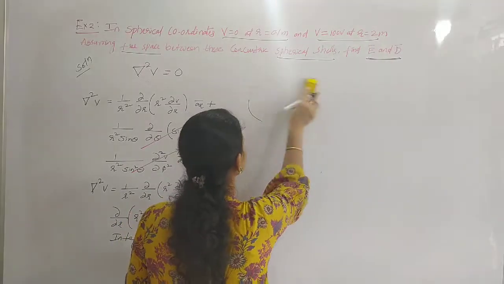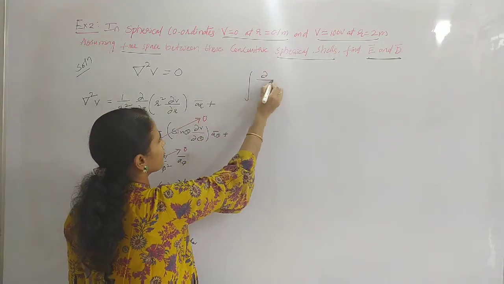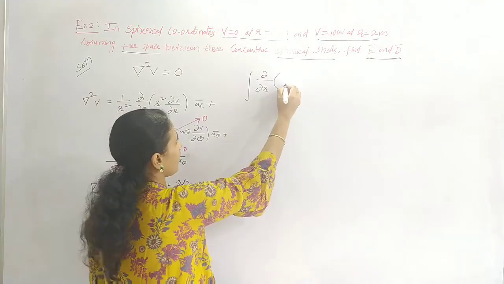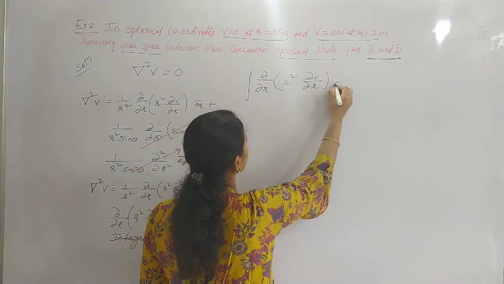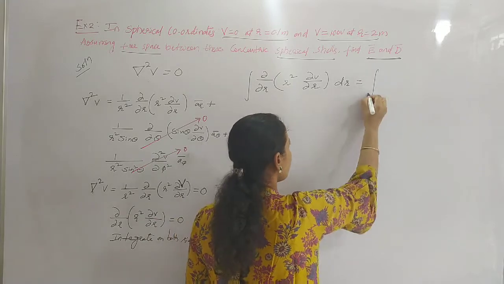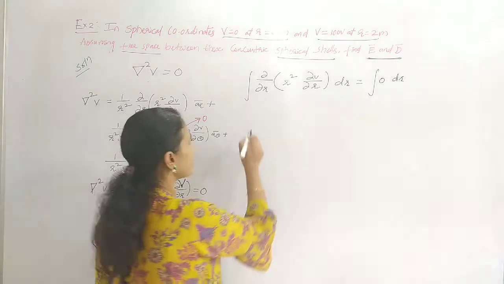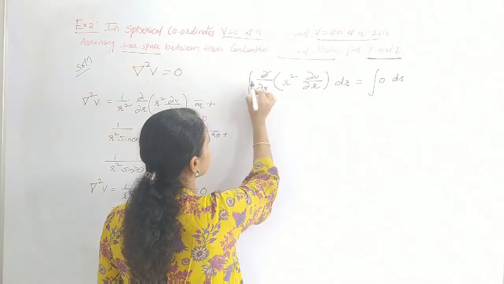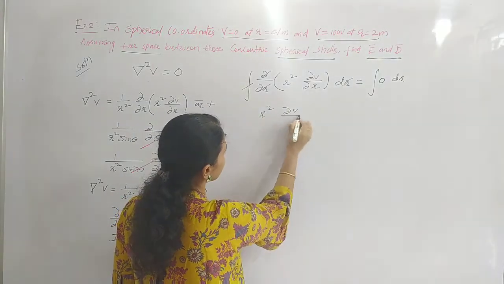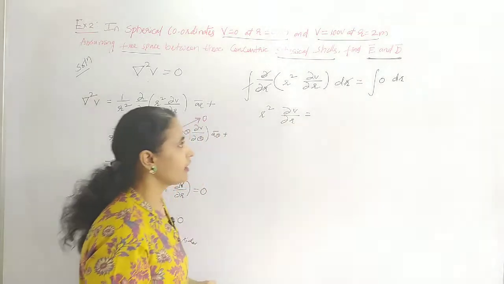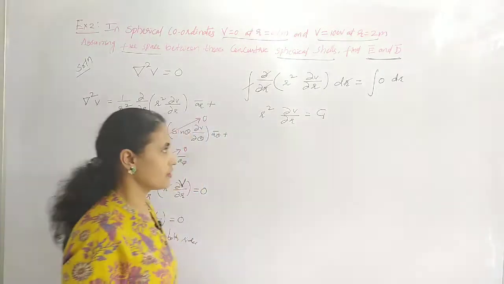Integration of dou by dou r of r square dou V by dou r into dr equals integration of 0 into dr with respect to r. Integration and differentiation cancel, so left over will be r square dou V by dou r. Integration of 0 is a constant, which is treated as c1.